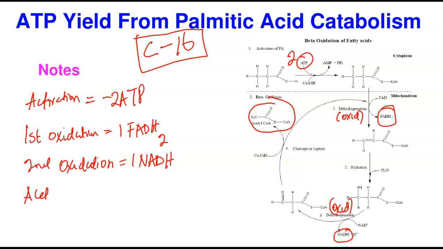You can just say cleavage. In this cleavage or rupture reaction, we produce 1 acetyl-CoA. These are the numbers we have at this point. Having had that, we're now going to go to what we have there.